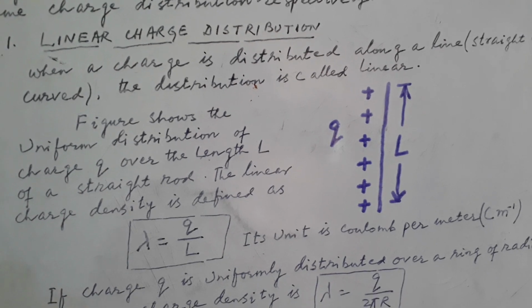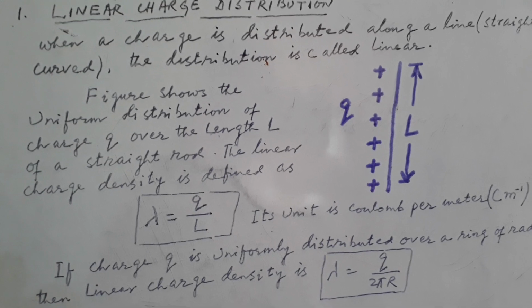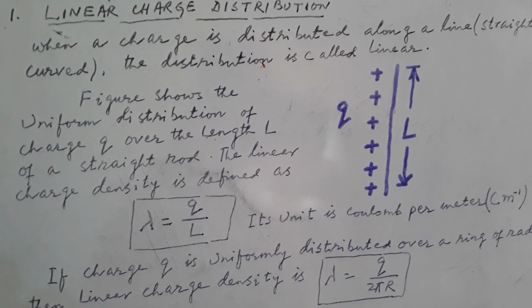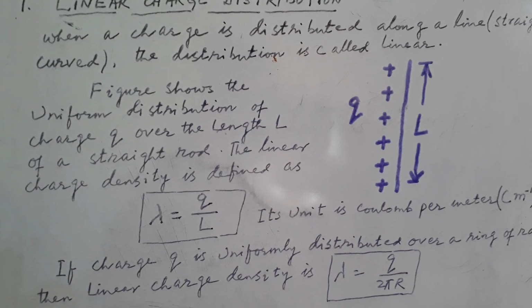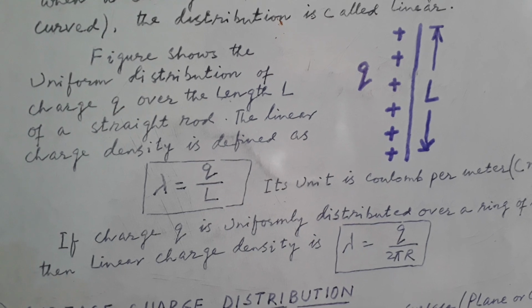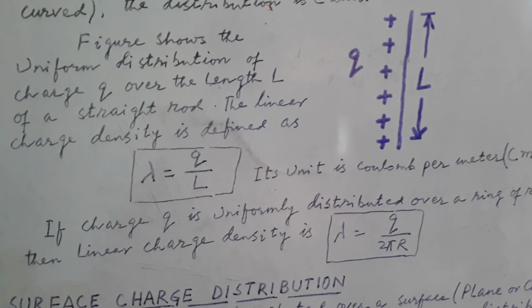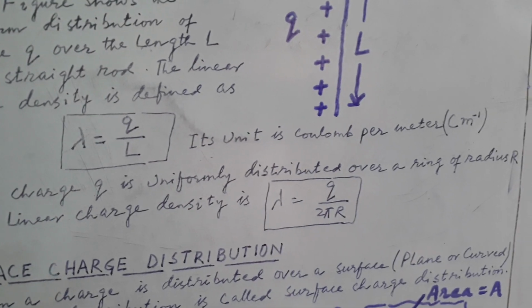The distribution is called linear. This figure shows the uniform distribution of charge Q over the length L of a straight rod. Then linear charge density is defined as lambda equal to Q by L, that is charge per unit length. Its SI unit is coulomb per meter.